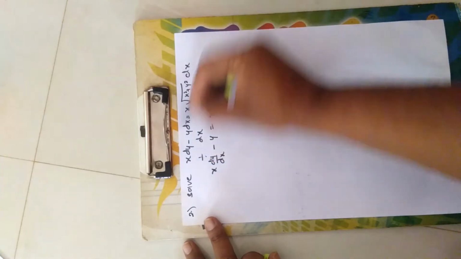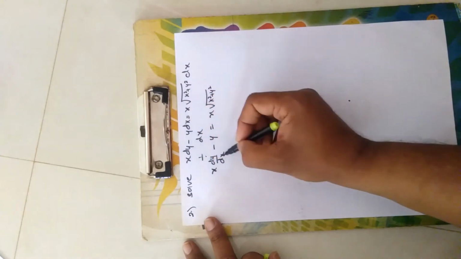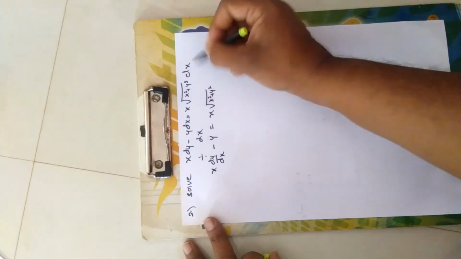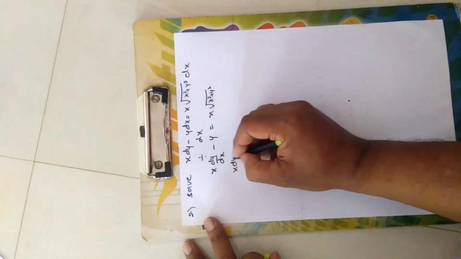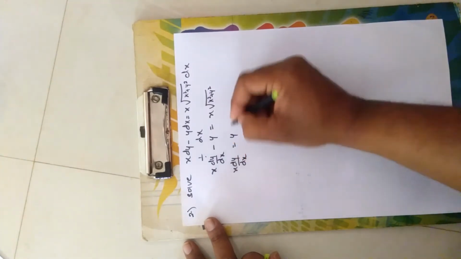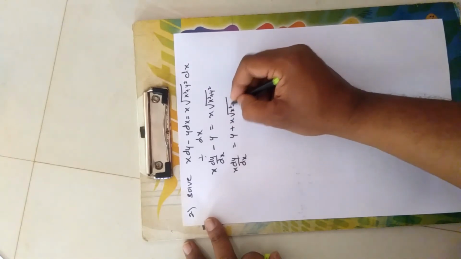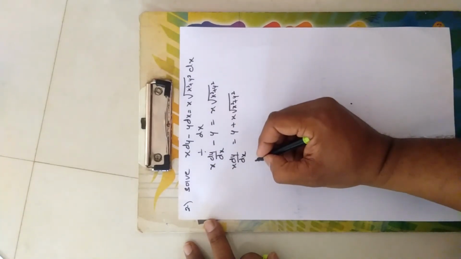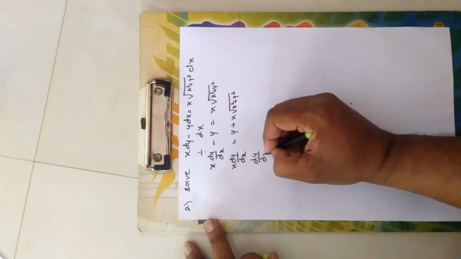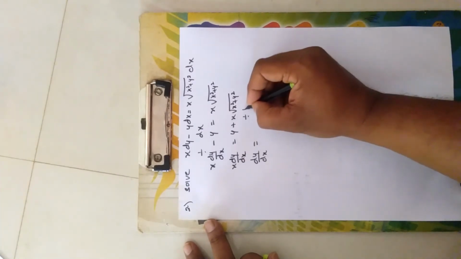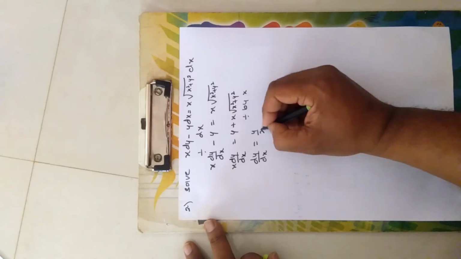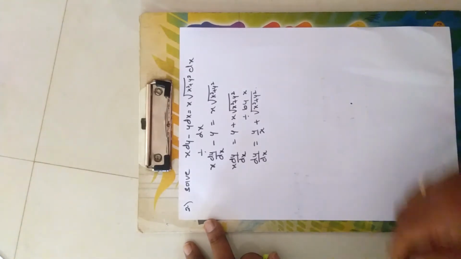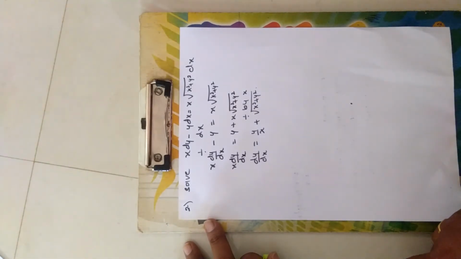So x dy by dx is equal to y plus x into square root of x square plus y square. Dividing throughout by x, dy by dx is equal to y by x plus square root of x square plus y square.